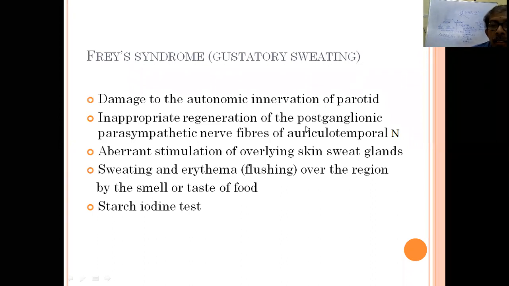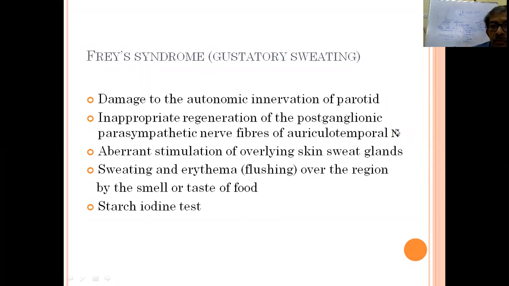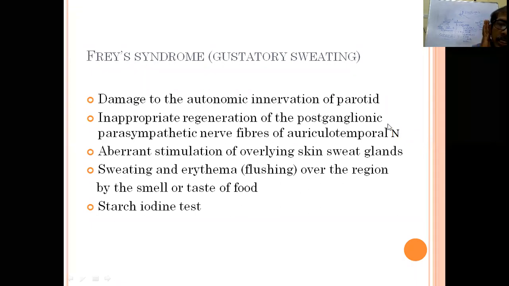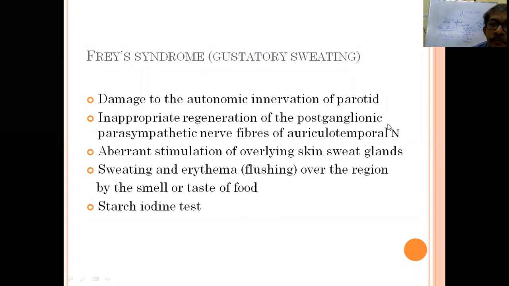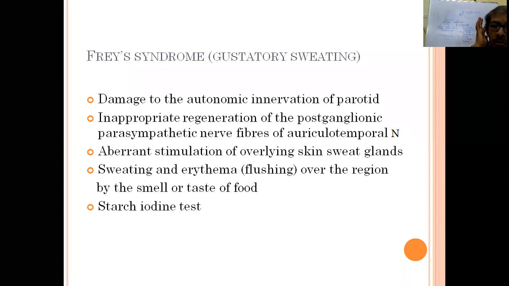From the otic ganglion, fibers will reach the auriculotemporal nerve. The auriculotemporal nerve will be supplying this preauricular region. So the name itself is auriculotemporal.